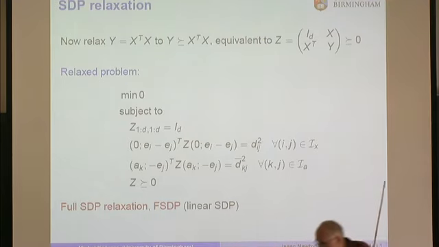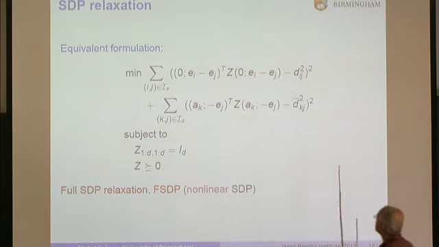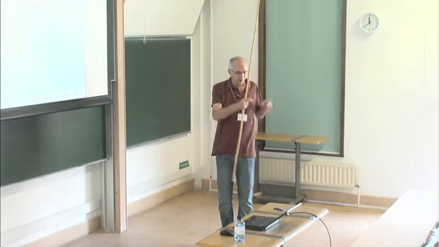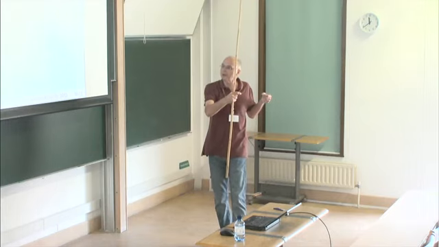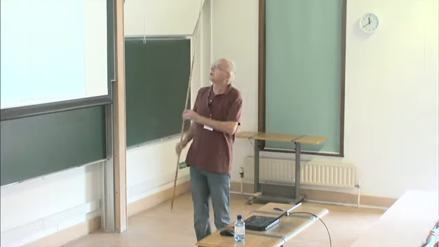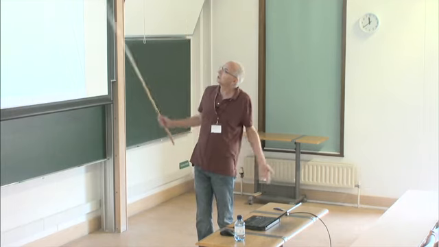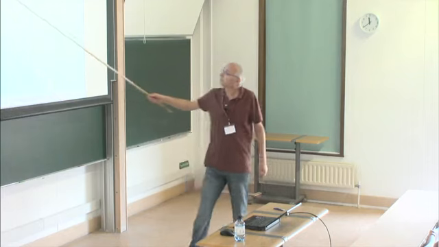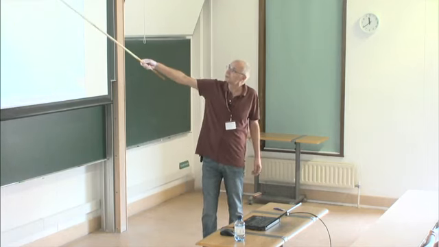Now, I can write it equivalently as a nonlinear SDP. Just like the original feasibility problem with nonlinear, non-convex equalities can be written as an optimization problem with zero optimal solution. I can take the same objective function.